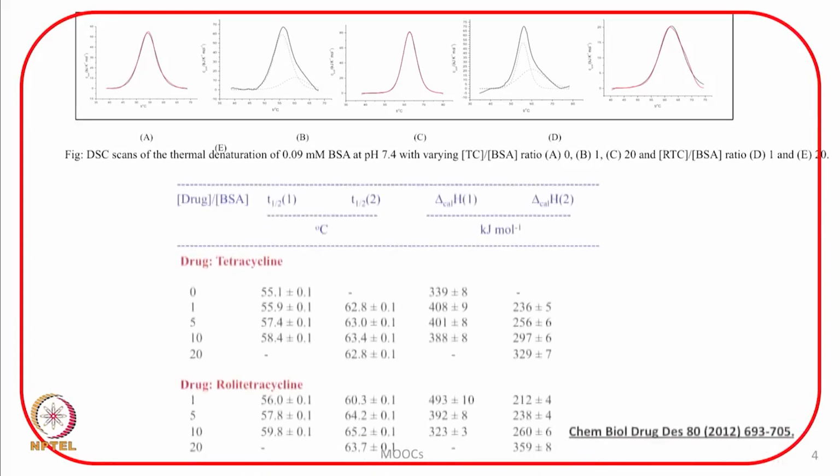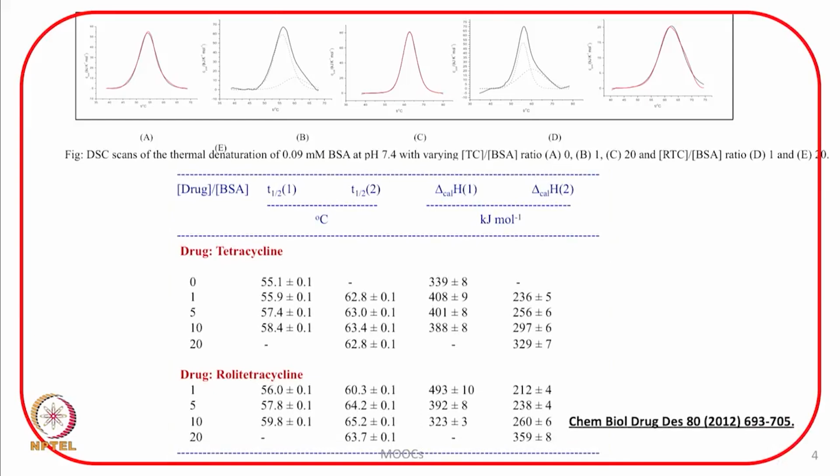And this table shows the corresponding data. It is possible to get T half and delta H for each endotherm, and once you have the transition temperatures and enthalpies associated with each endotherm, then more insights into the thermal unfolding of the protein can be discussed.